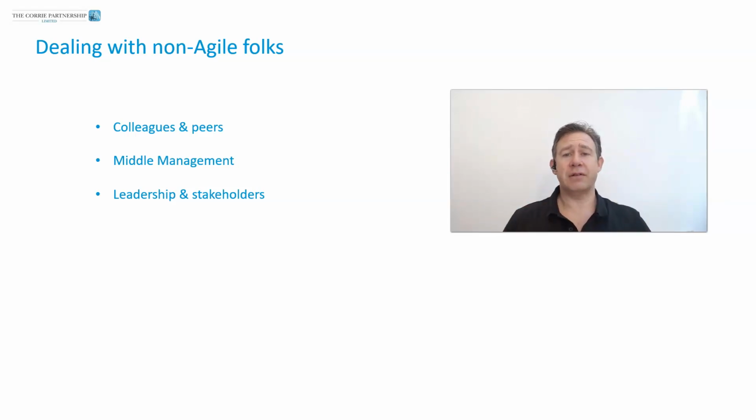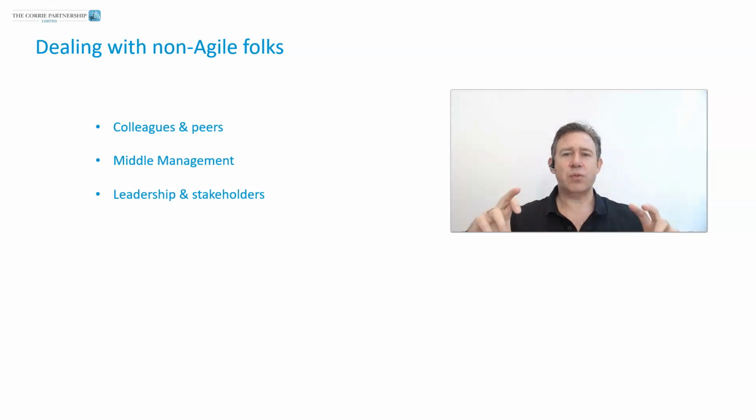The product owners and Scrum Masters need all the help they can get. So middle management could be ideally positioned to help, and to be that link between the teams and the leadership and the stakeholders. There's a massive role for them.